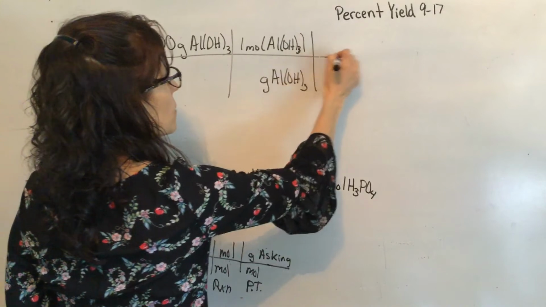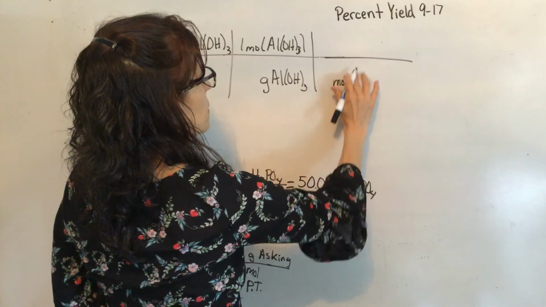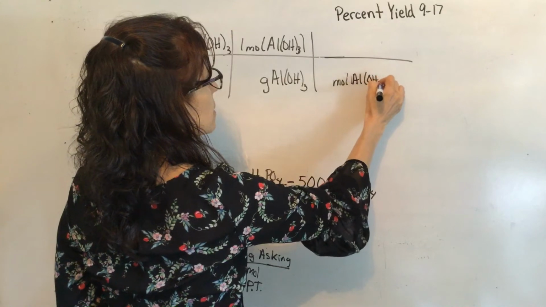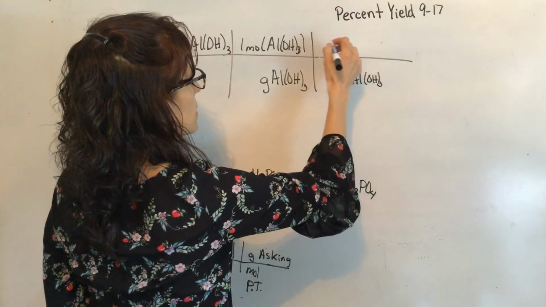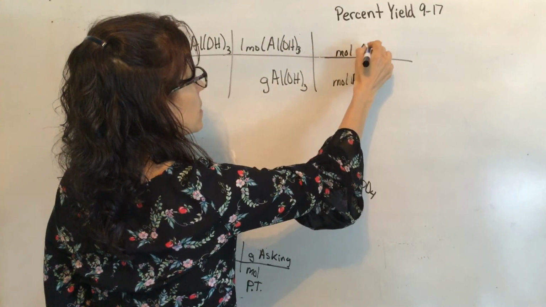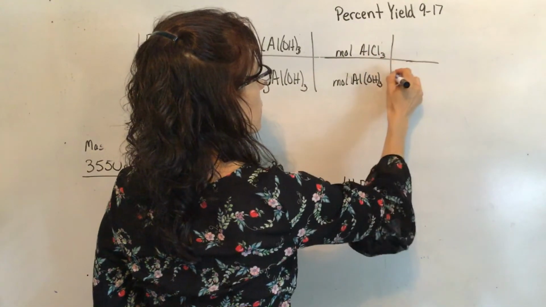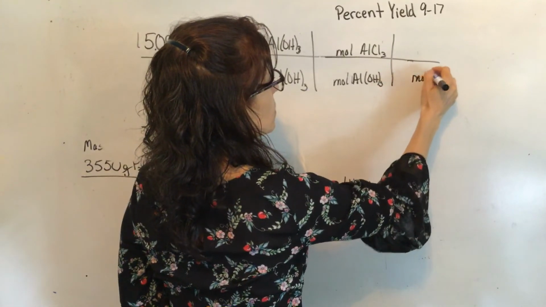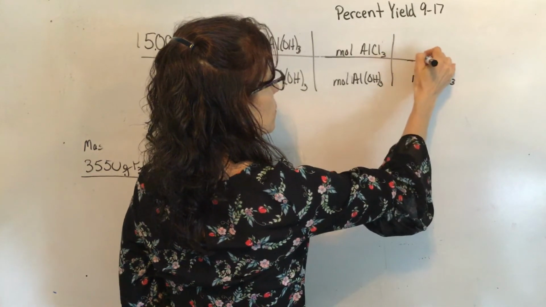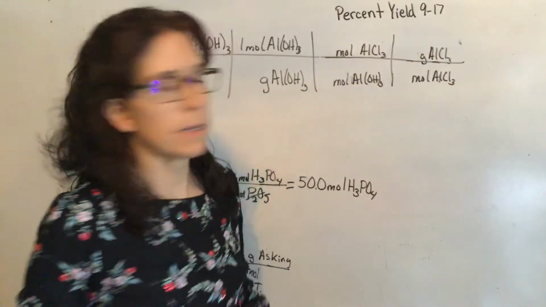All right, then it will be moles of aluminum hydroxide and moles of aluminum chloride. All right, and then we're going from moles to mass. Moles of aluminum chloride to grams of aluminum chloride, and that's what it's asking.